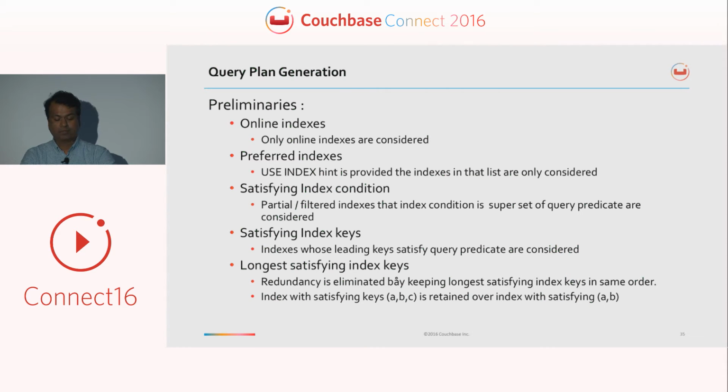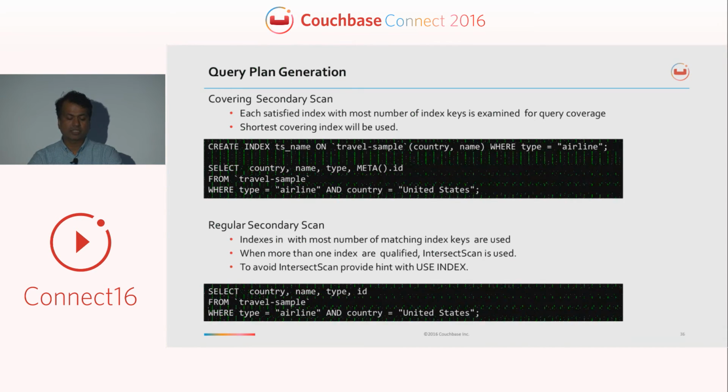And the indexes chosen have to have keys that qualify the query predicate, and we always choose the longest satisfying index. Covering index means the index has all the data to answer your query.